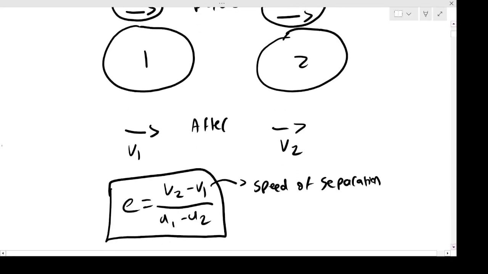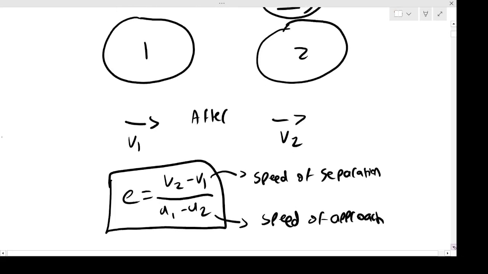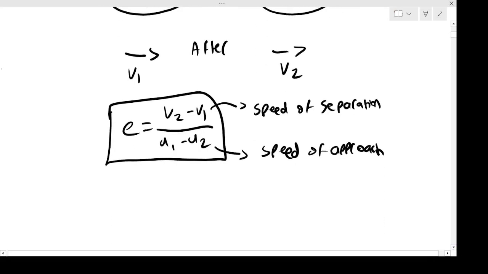Okay, and that will get me E, my coefficient of restitution. So this is the more mathematical way you can calculate it. I actually prefer this. I think this is a good way to work out E here.